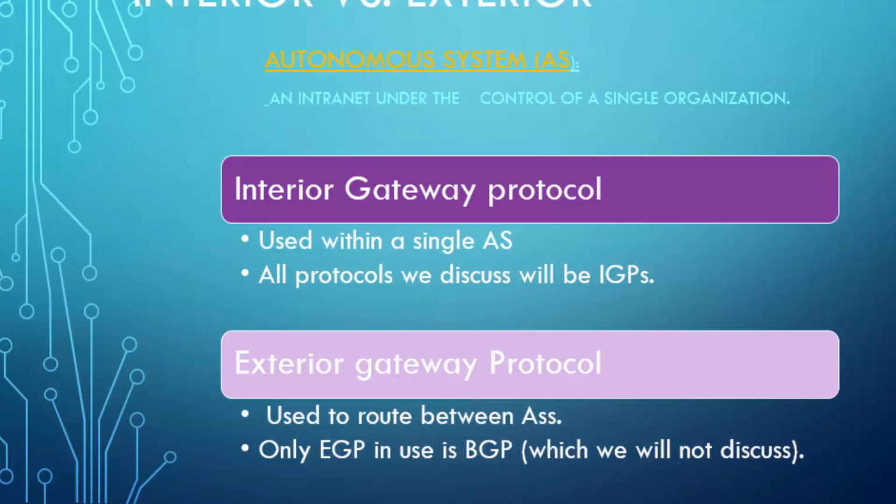I am using my ISP Comcast, and Comcast is probably using an autonomous system as well. An interior gateway protocol is used within a single AS, a single autonomous system, and the protocols we are going to be discussing are IGPs. An exterior gateway protocol is used to route between different autonomous systems, and the only exterior gateway protocol that we are going to see is BGP.